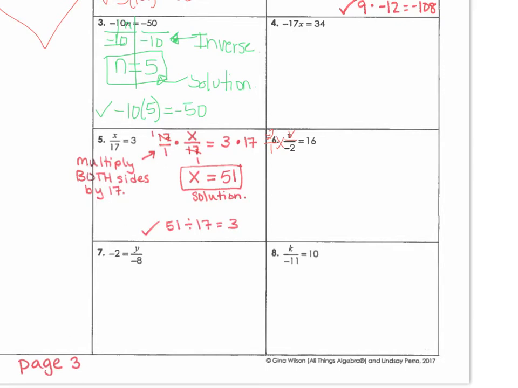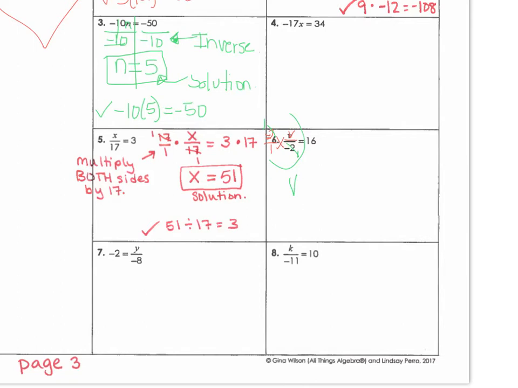I'm multiplying 2 over 1 times v over 2, right? The 2's are across from each other, so they would cross simplify, just like when we multiply fractions. All right, so if they cross simplify to be 1's, the only thing left on this side of the equation is that v. Okay, because the rest of everything is 1, so I'm left with 1v.